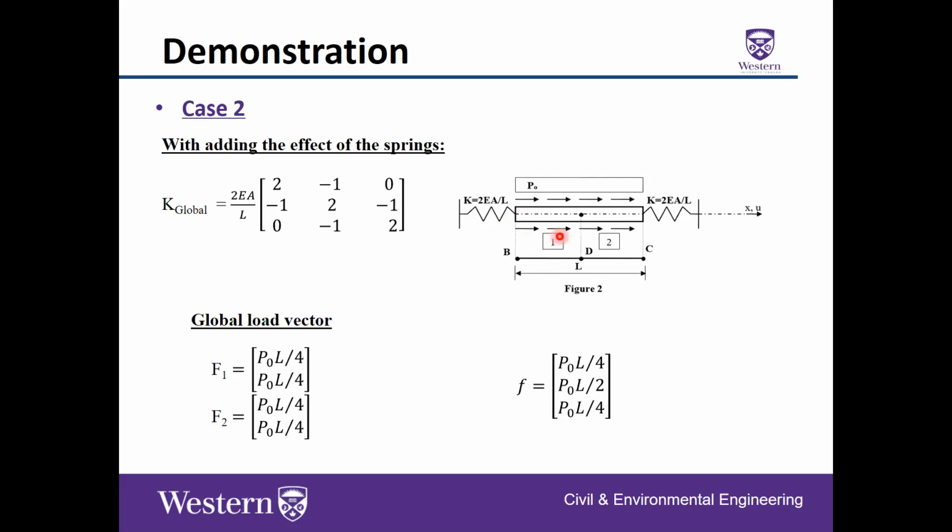All right, so for each element, element 1 and element 2, you will have P node L/4 for each joint.